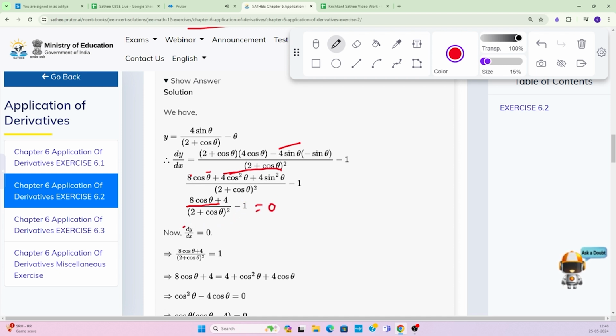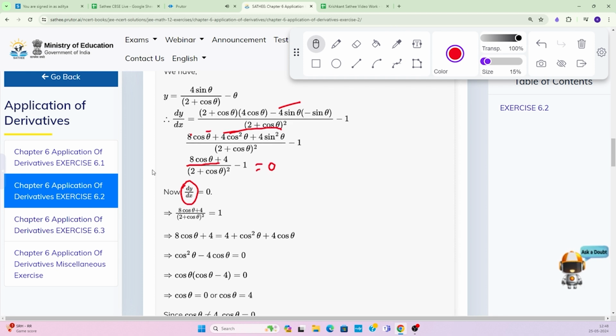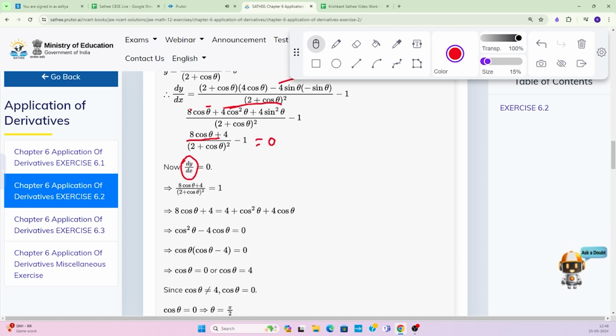Whenever you put dy equal to 0, you will find some points, and those points will be your critical points, which help you to find the intervals where it is increasing and where it is decreasing.